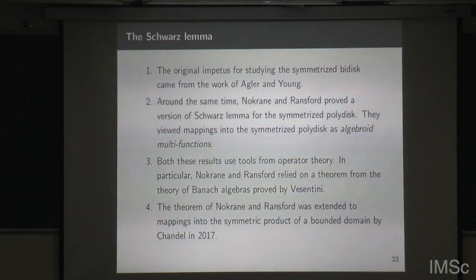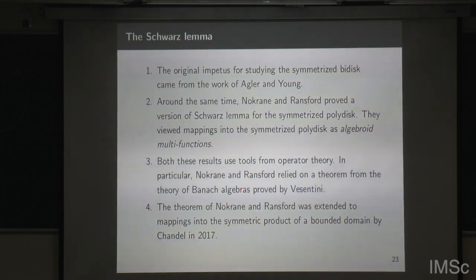Nokrane and Ransford viewed the mappings into the symmetrized polydisk as an algebraic multifunction. An algebraic multifunction is just an assignment of a finite set of points to each point in the unit disk, such that this finite set of points satisfy a polynomial equation whose coefficients are holomorphic functions.